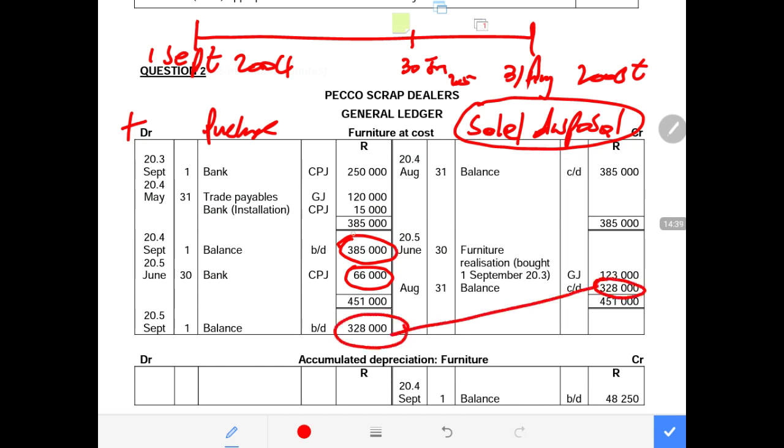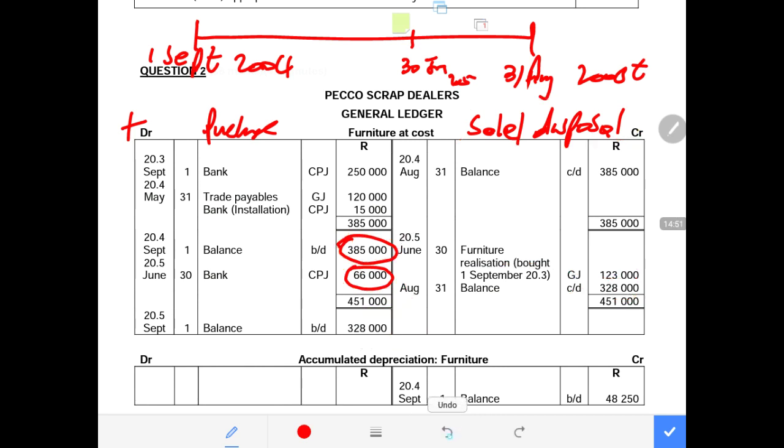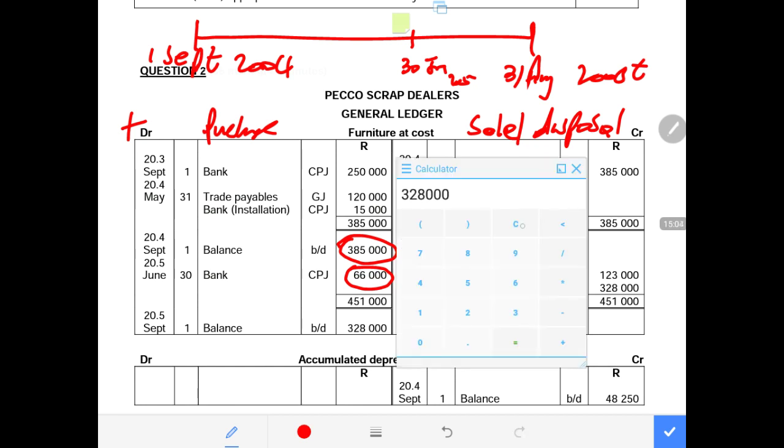After we have said furniture available at the beginning of the year minus furniture that was sold plus furniture that was bought will give us furniture at the end of the year, the cost of furniture at the end of the year. But we need to be mindful of the fact that we are to calculate depreciation for three types of furniture. The old furniture, how much was that? 385 minus 123.